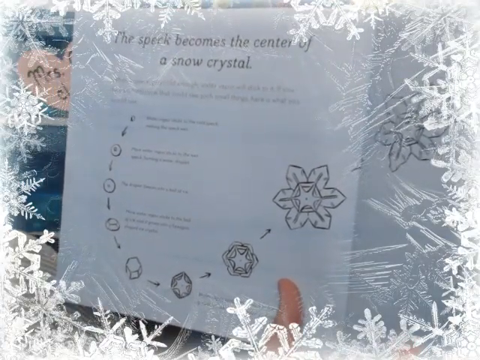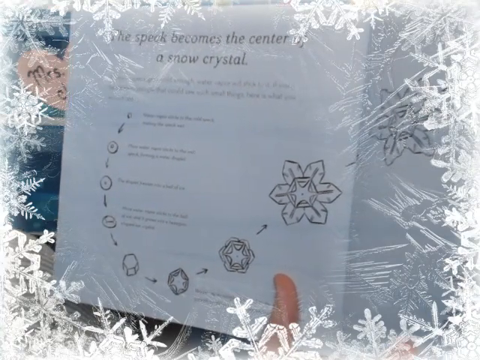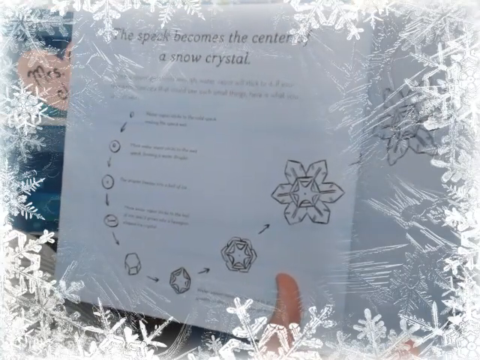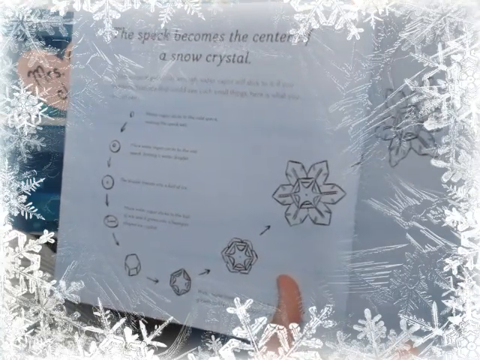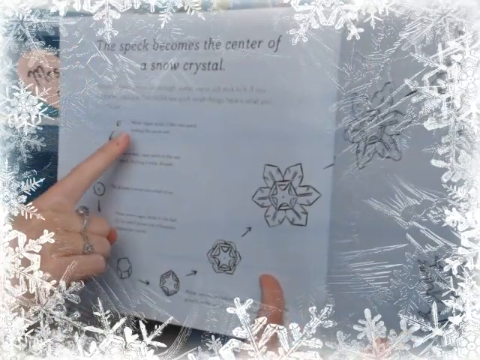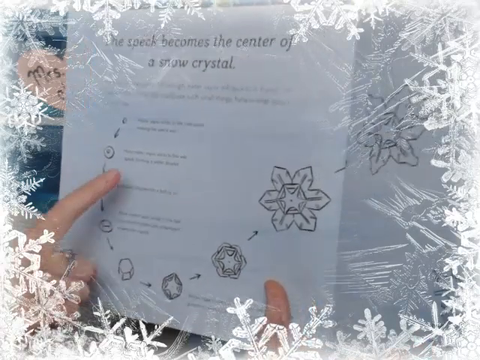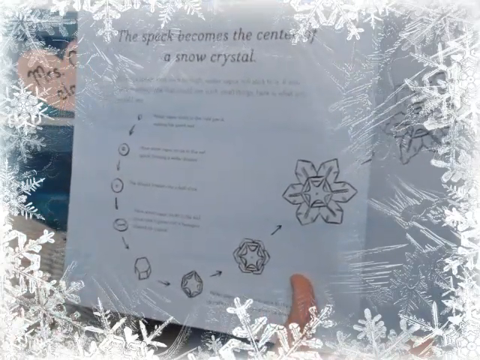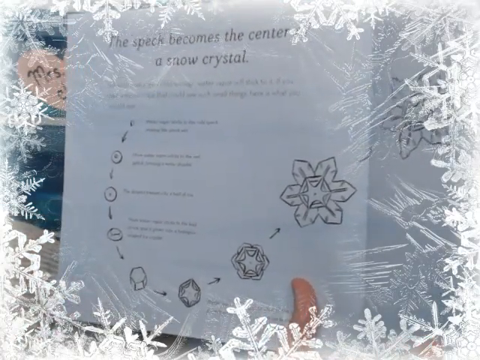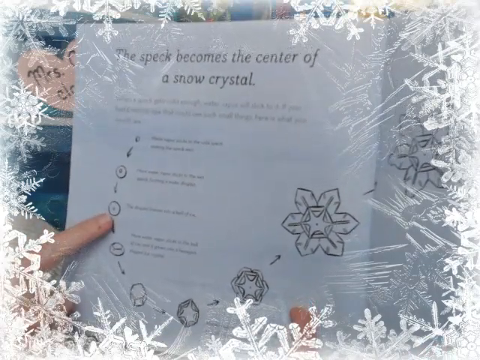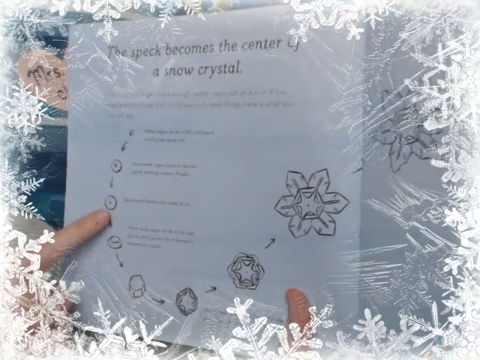When a speck gets cold enough, water vapor will stick to it. If you had a microscope that could see such small things, here is what you would see. Water vapor sticks to the cold speck, making the speck wet. More water vapor sticks to the wet speck, forming a water droplet. The droplet freezes into a ball of ice.